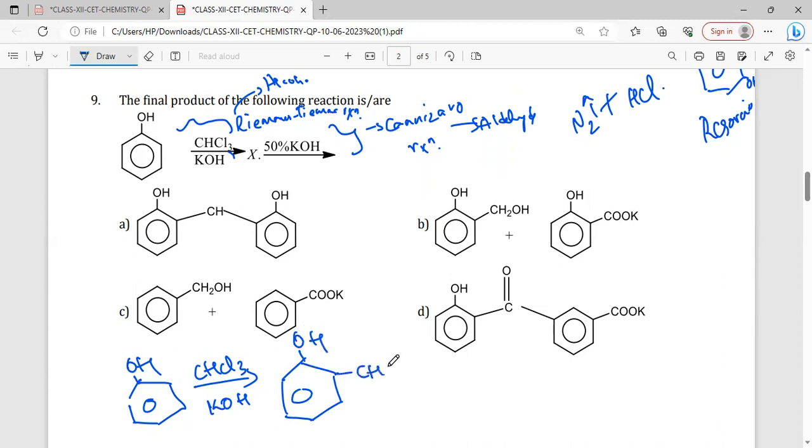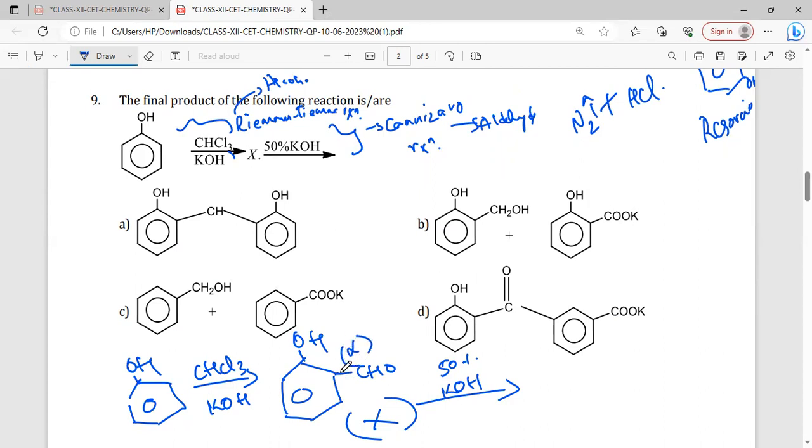So I got salicylaldehyde. Now, this is X. Now we have to find the final product. Now I'm adding 50% KOH. So whenever you have an aldehyde which does not have an alpha hydrogen atom.